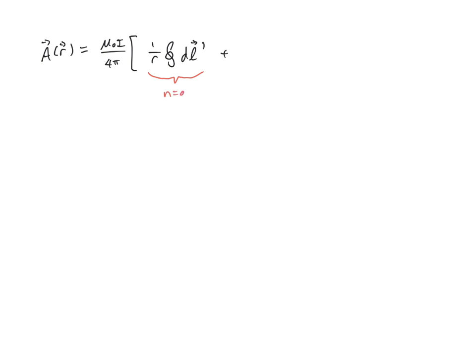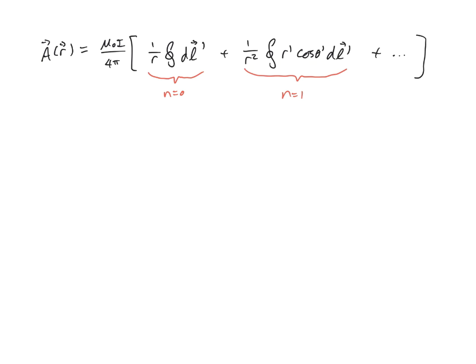Then we have the next term in the series, which goes as 1 over r squared, and then an integral of r primed cos theta primed dl primed. That term is the n equals 1 term, and we have higher and higher terms.